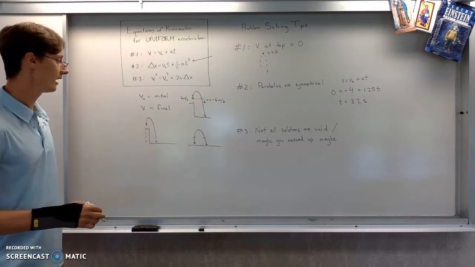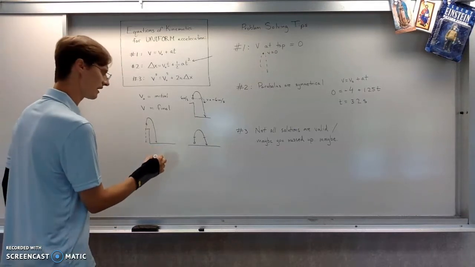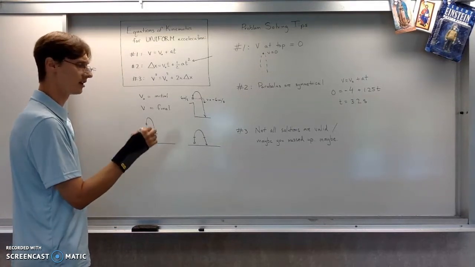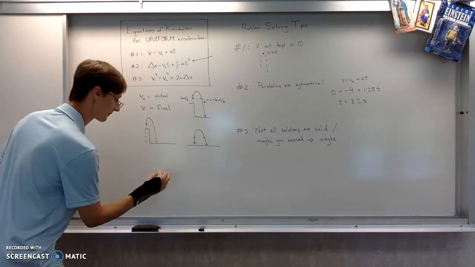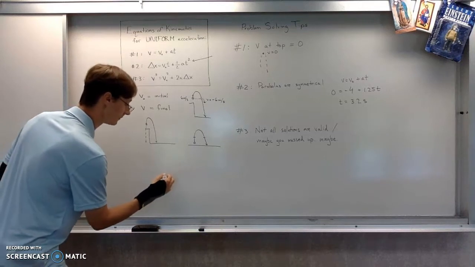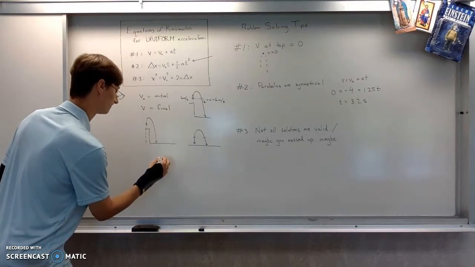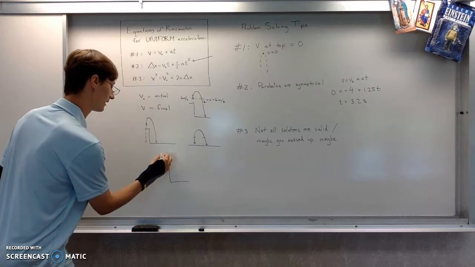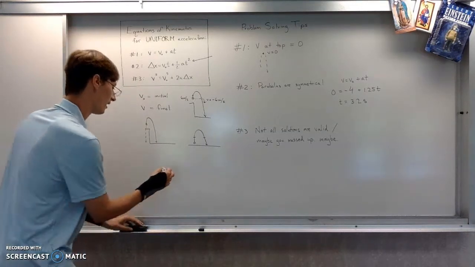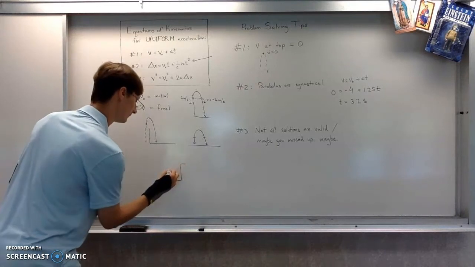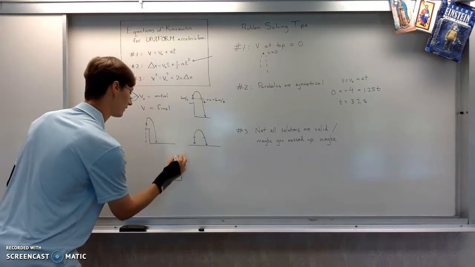All right. Another scenario would be where you have no real roots. So that might go something like this. Let's take it the other way around. You're throwing something up onto a high place.